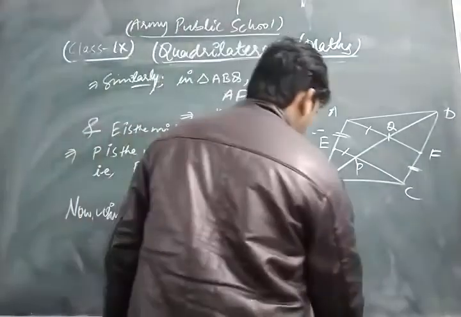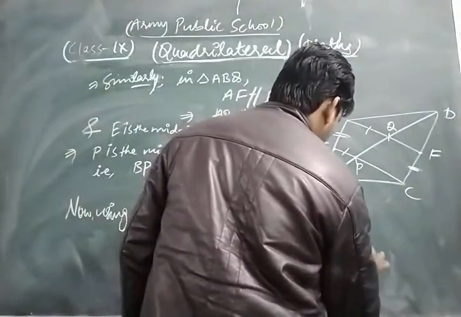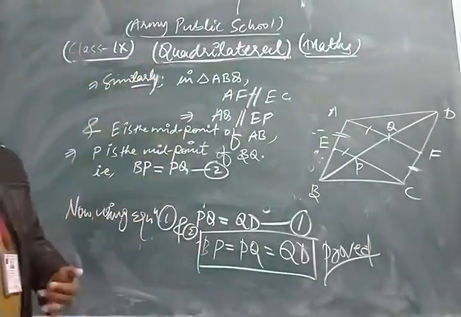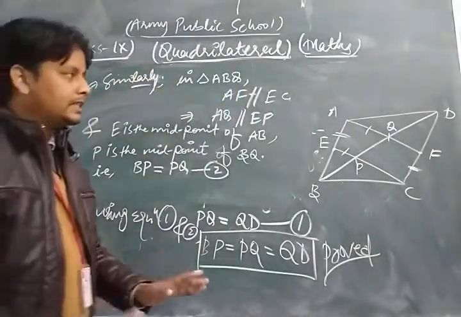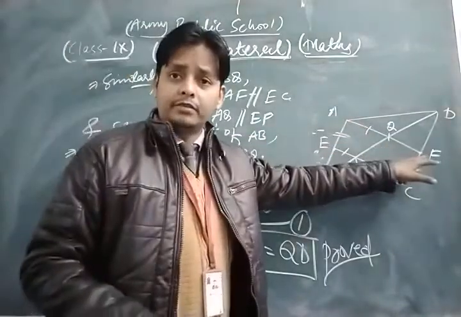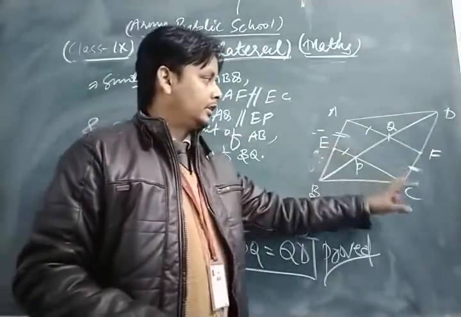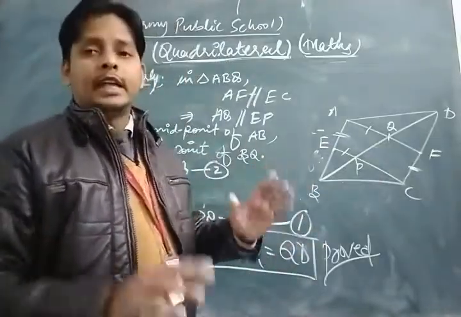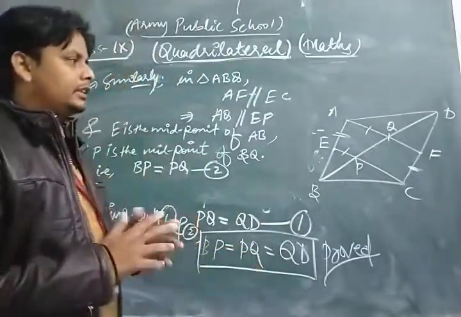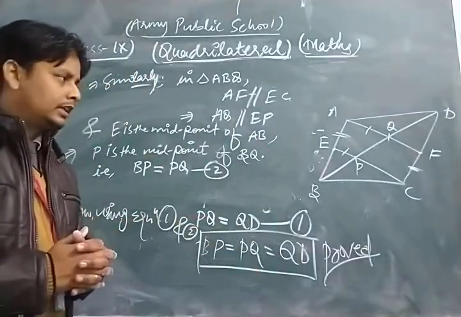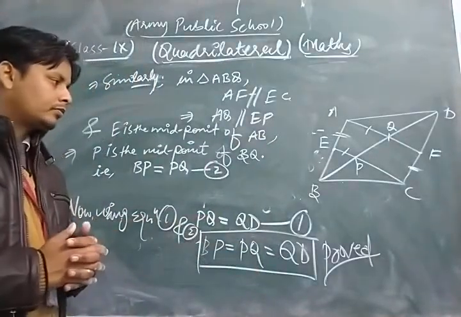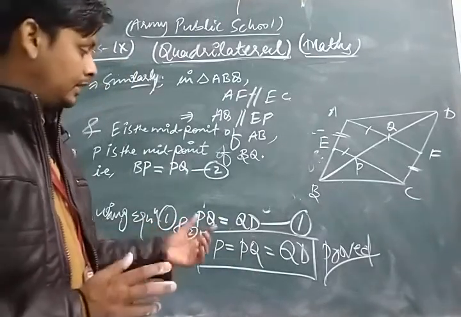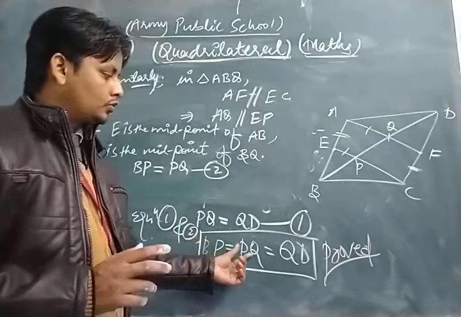Hence proved. It means that AF and EC trisect the diagonal BD. Trisects means that it divides the given diagonal into 3 equal parts, that is BP is equal to PQ is equal to QD.